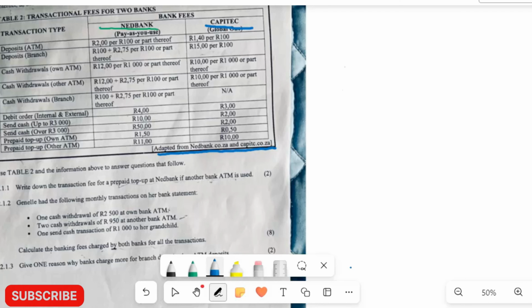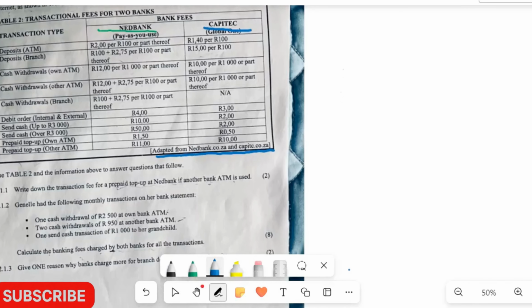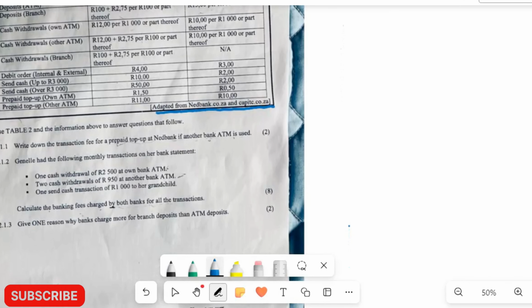Use table 2 and the information above to answer questions that follow. Write down the transaction fee for a prepaid top-up at NetBank if another bank is used.